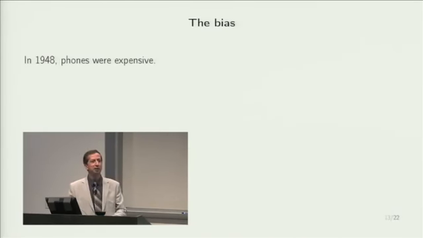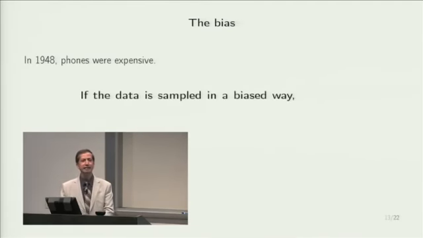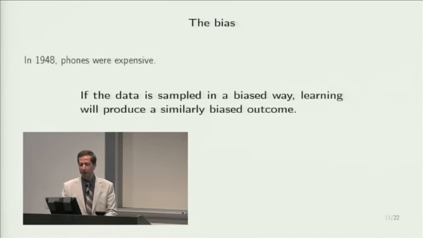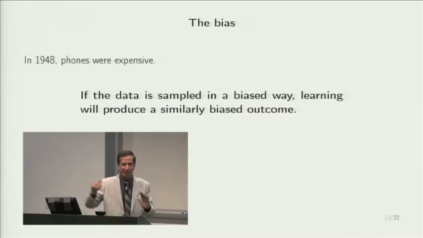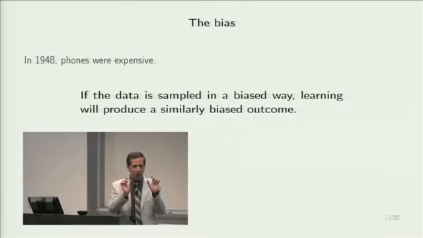Okay, and that brings us to the statement of the sampling bias principle. It says that if the data is sampled in a biased way, then learning will produce a similarly biased outcome. You know, learning is not an oracle, not like the football oracle, okay? Learning sees the world through the data you give it, okay?